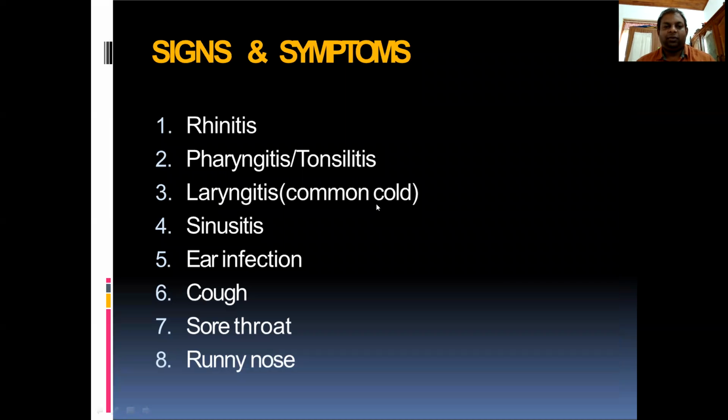A pneumonia patient can present with an upper respiratory tract infection as well, but often the patient comes with fever, difficulty in breathing, shortness of breath, and production of purulent sputum. If it is more often productive, purulent, greenish, it points to a bacterial origin.